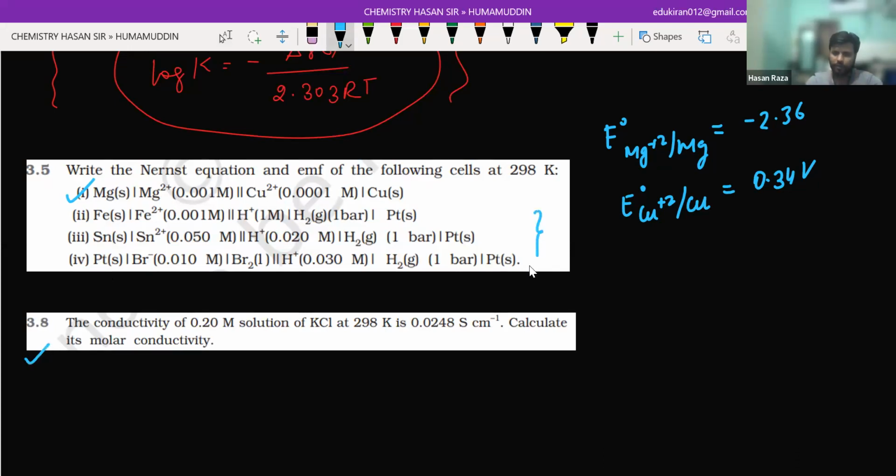And the rest three, I'm leaving it on you. Please do solve this.